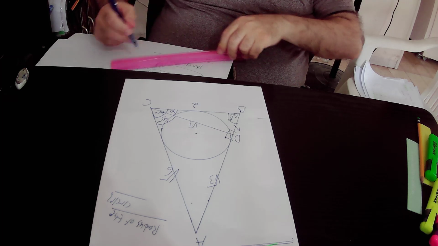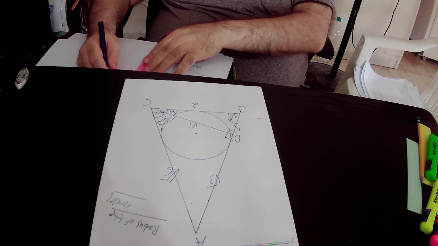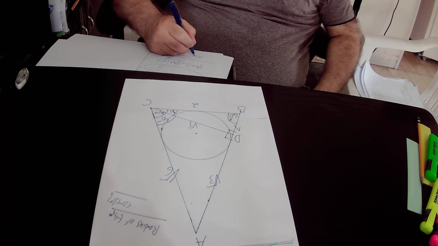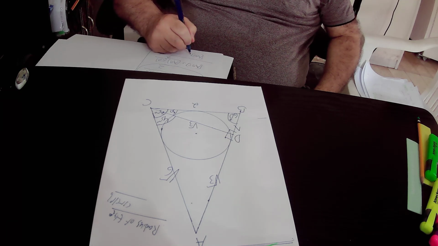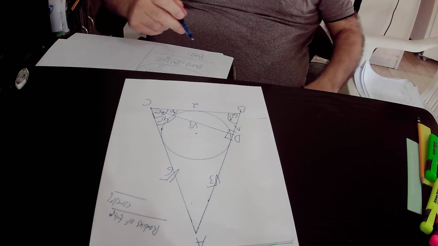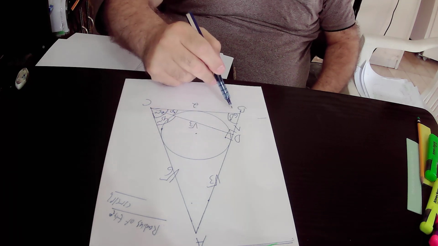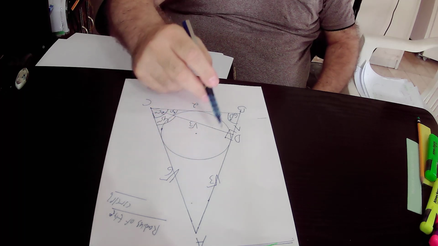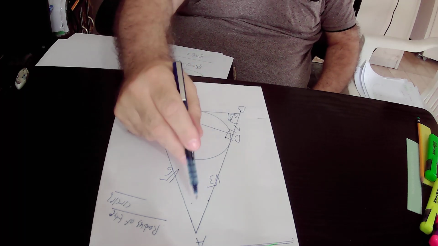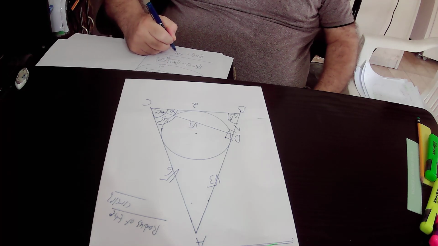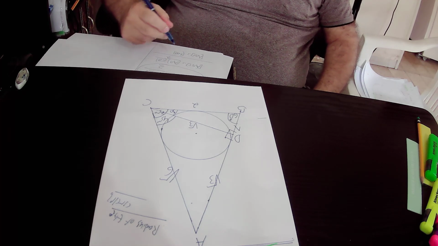Okay, so here the area of triangle ABC is equal to AB, where AB equals BD plus AD. That is to say, AB equals 1 plus square root of 3 units, times CD.